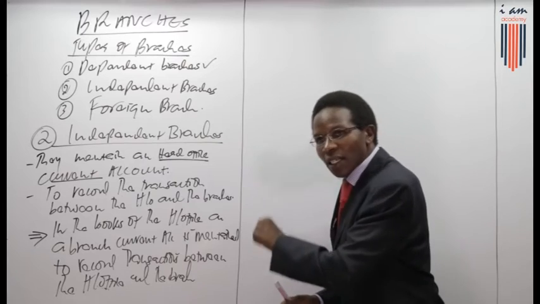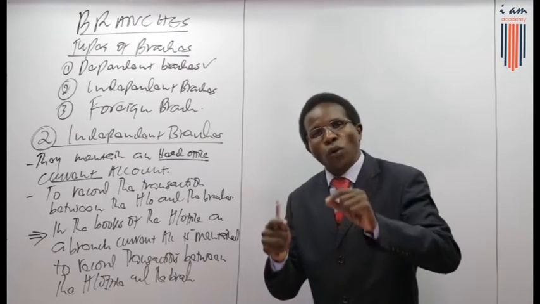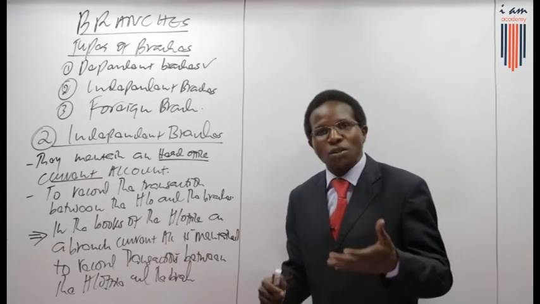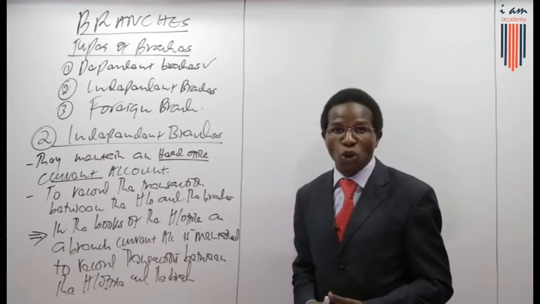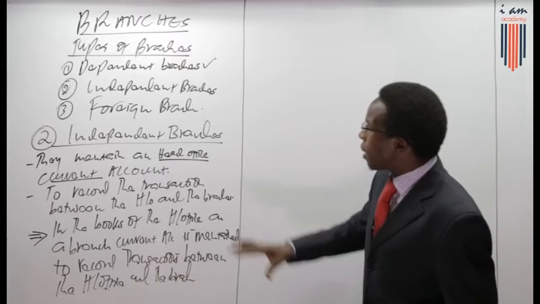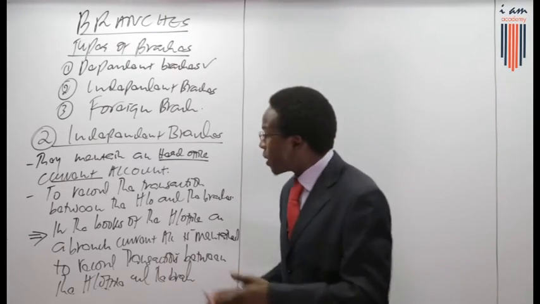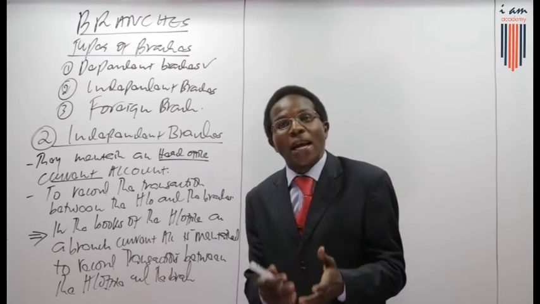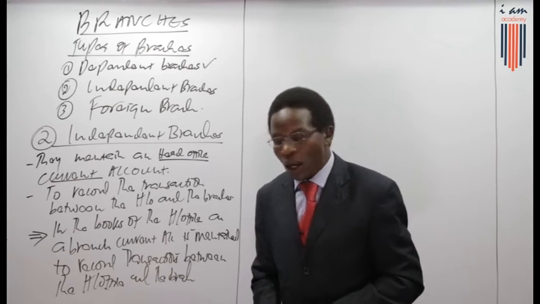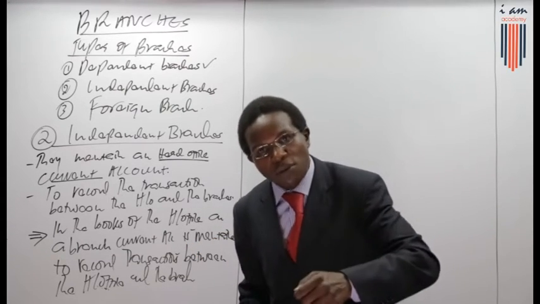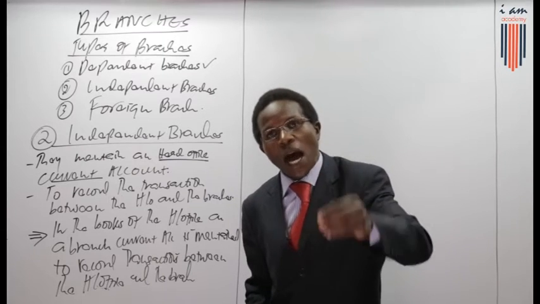That is important because they are maintained on a reciprocal basis. Meaning, in the books of the branch, the head office current account behaves like a creditor account, while in the books of the head office, the branch current account behaves like a debtor account.